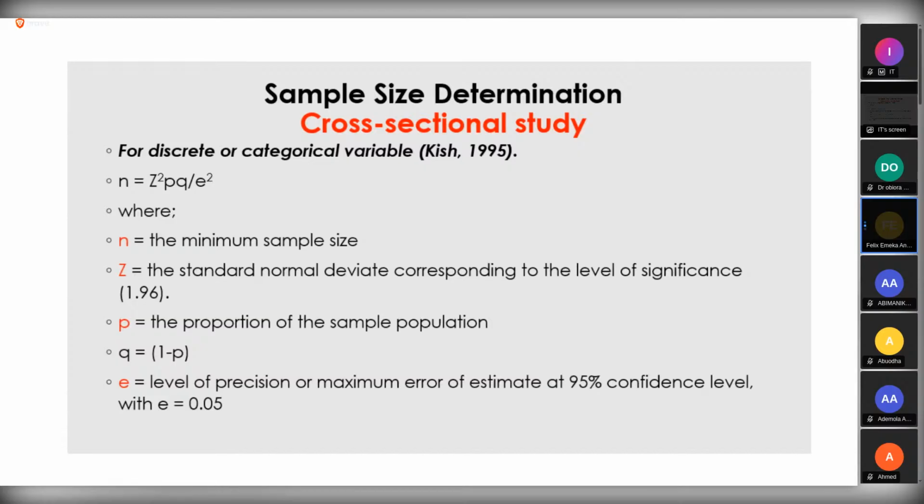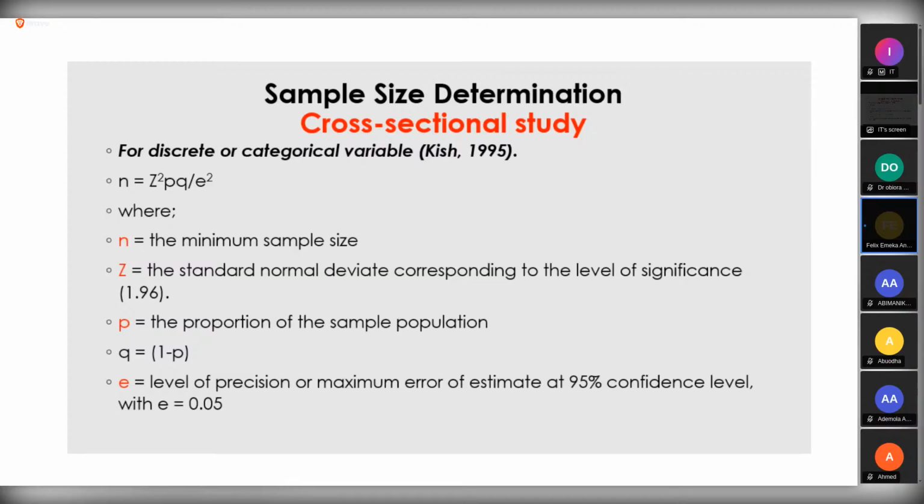For those of us that are doing a cross-sectional study, which will most likely be a prevalence study, this is the sample size determination formula that you're going to be using by default, because your study involves measuring prevalence. Z is a constant, 1.96 at 95% confidence interval. P is what you're going to be looking for, meaning prevalence from a previous study.